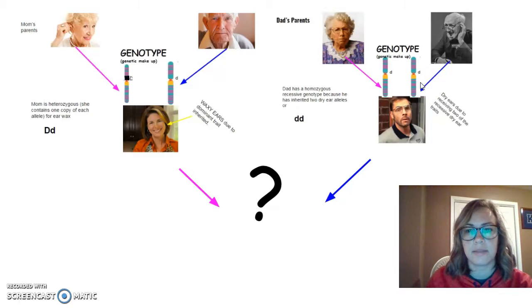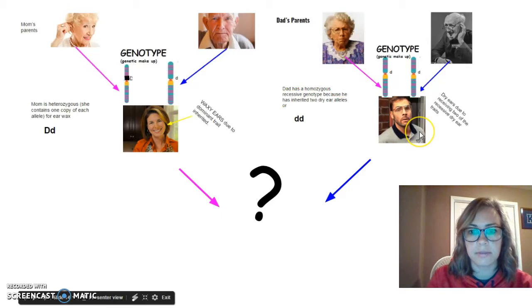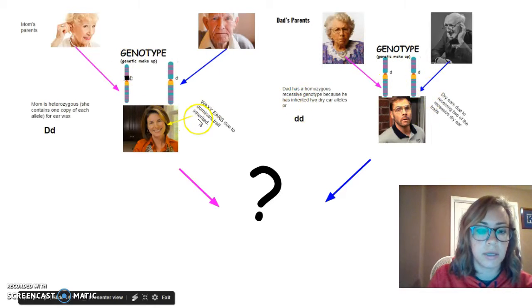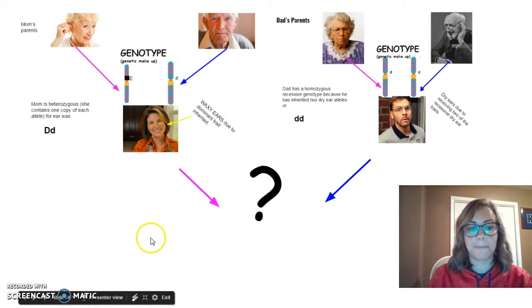What are the odds of the offspring having waxy ears? I want you to pause the video for just a moment and actually think through that question. What are the odds if these two parents had a child that they would pass on their earwax traits?